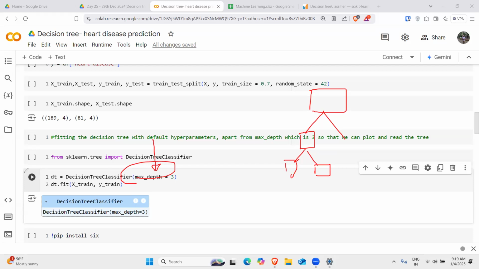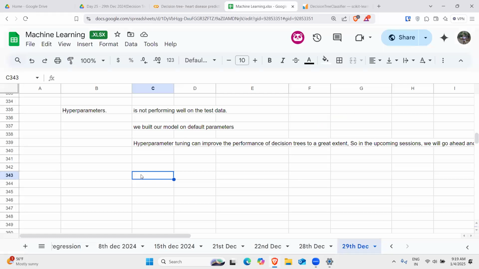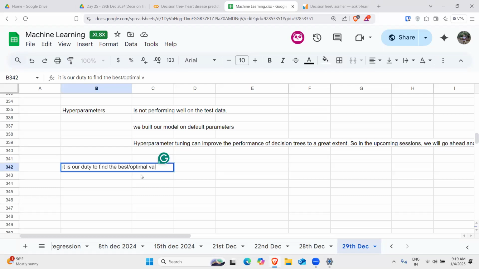Now, obviously, since the hyperparameters can take many values, it is essential for us to determine the optimal values where the model will perform the best, right? So it is our duty to find the optimal values of the hyperparameters that we are passing, right?